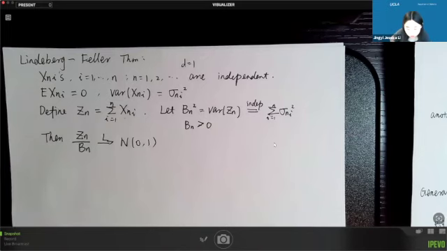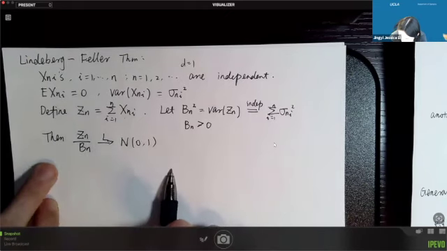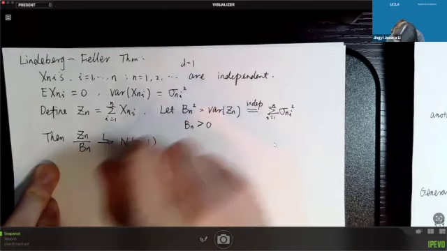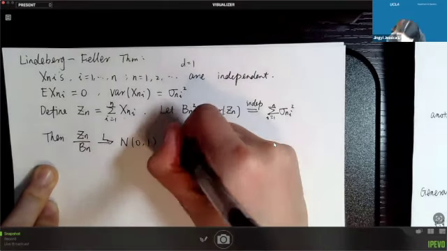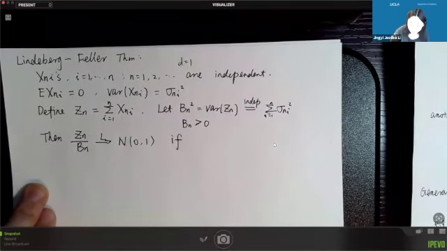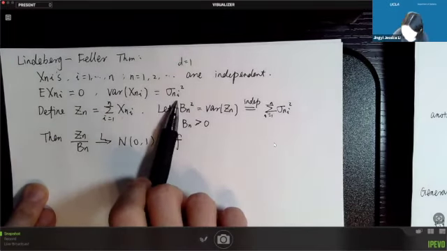Okay, so we are not going to give you the proof for it, but sorry, we are not done yet. This is the result, but this is conditioned on what? Then this statement holds if, here's the important thing, we need a condition on those sigma ni's.